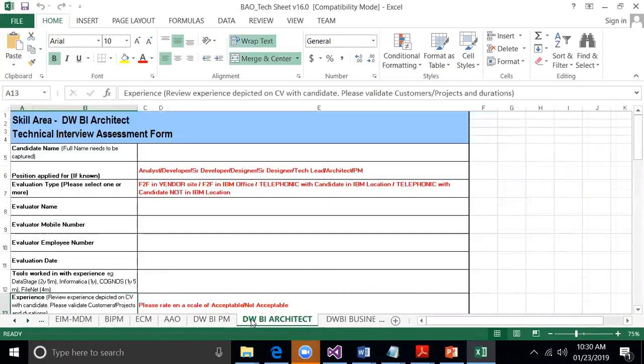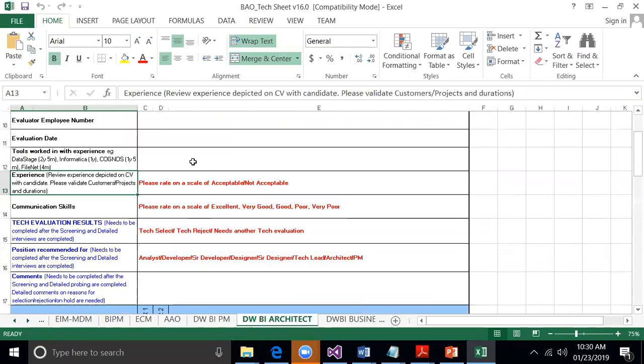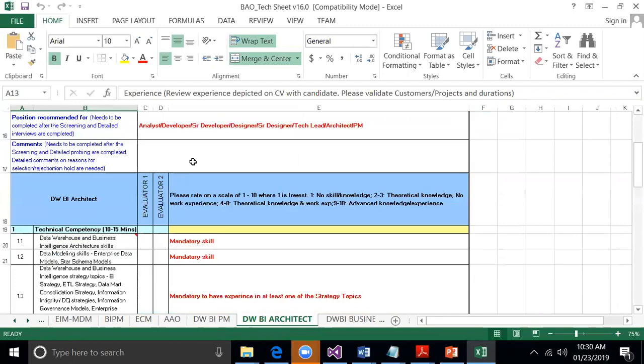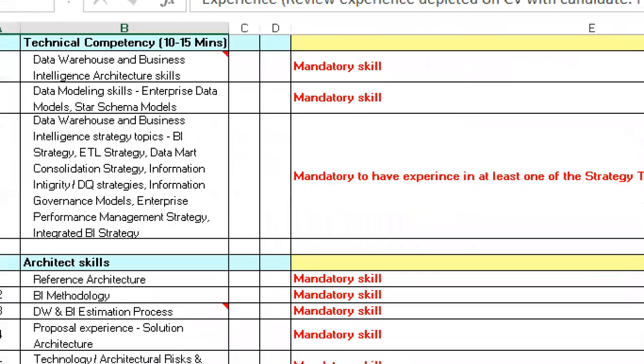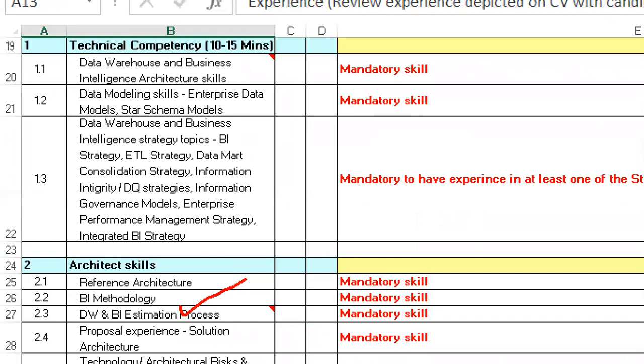Next, the DWBI architect. If you are trying to become an architect, it is also required, but with in-depth knowledge. Architecting skills last. The first one, not fundamentals but in-depth knowledge of warehousing and modeling, mandatory skills. And then this.